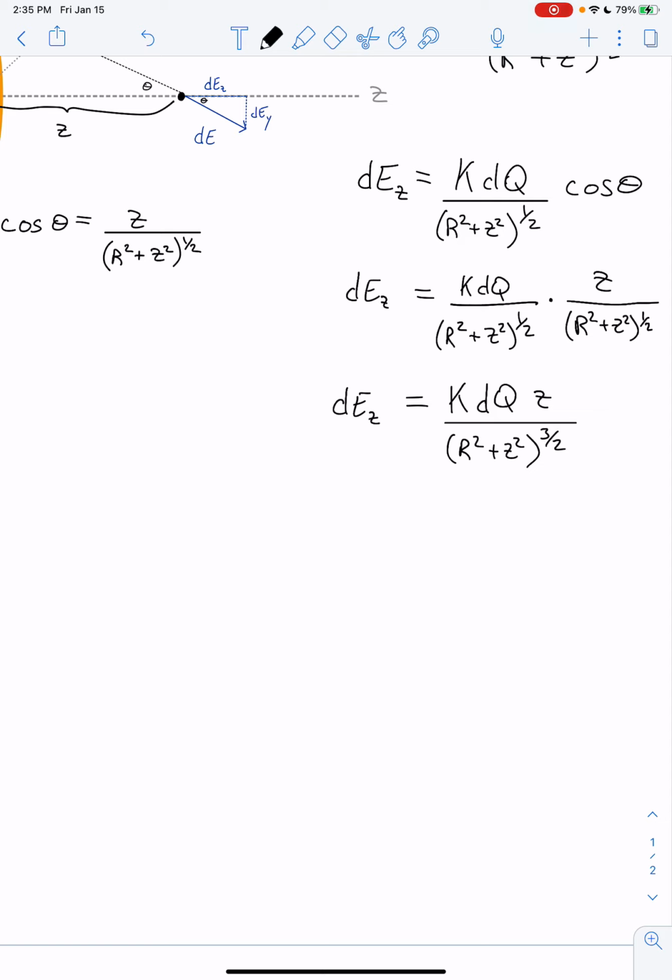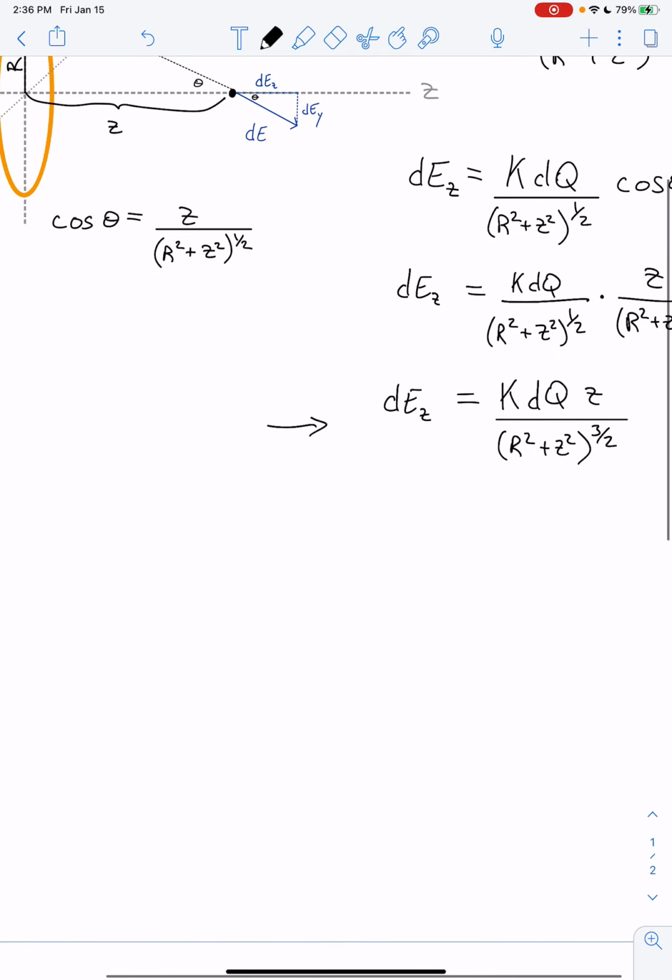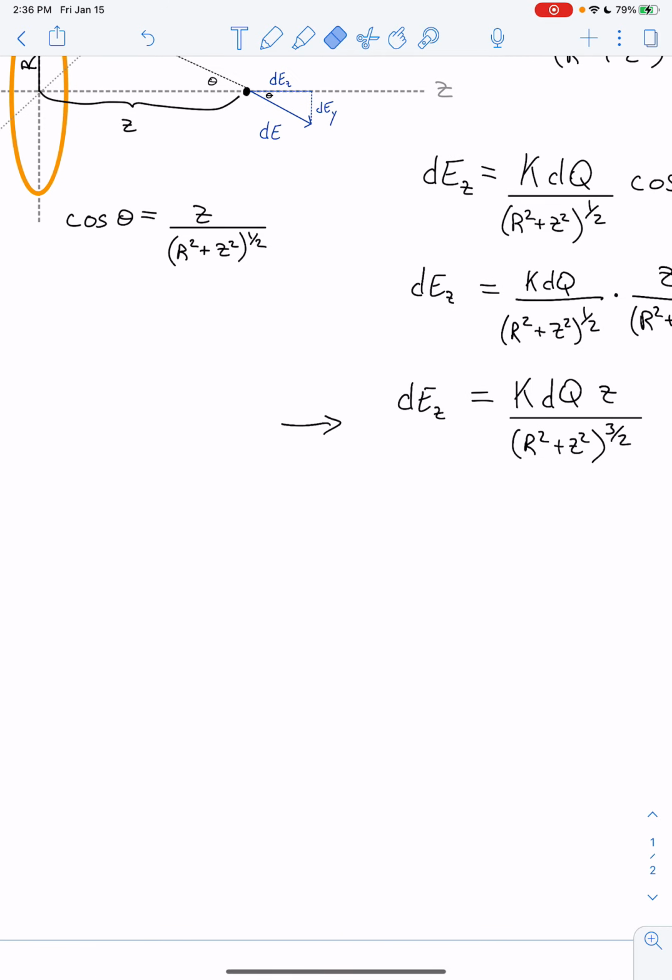Now at this point, we can note that the only value that's changing here, so if we want to now integrate to get our total E, so we're going to integrate. And note which variables change. dq is the only variable.